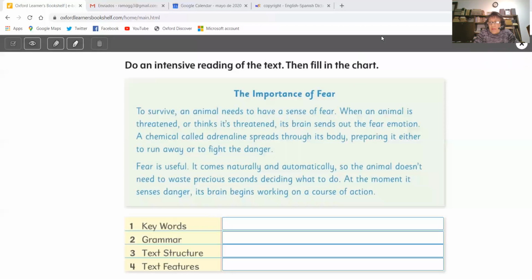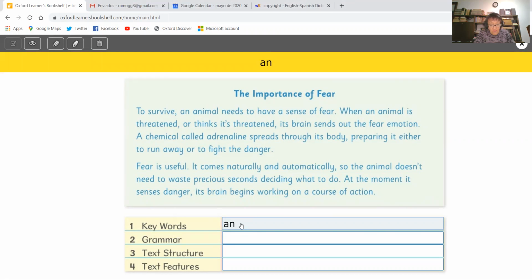Okay, so what are the keywords in this text? Well, a very important word is adrenaline. Another one is fear.